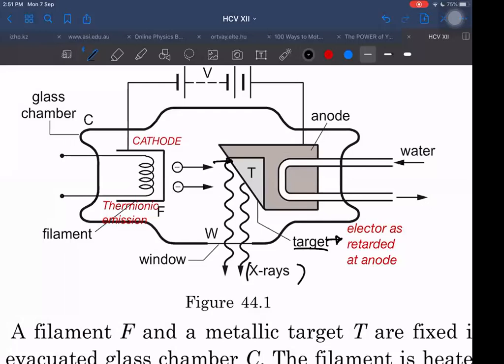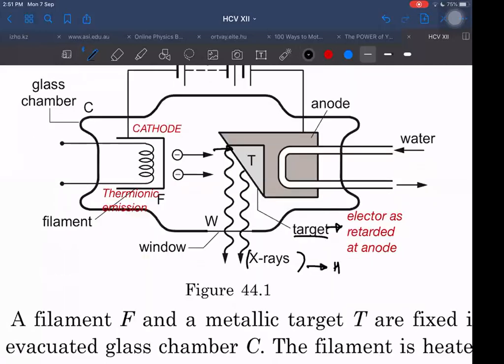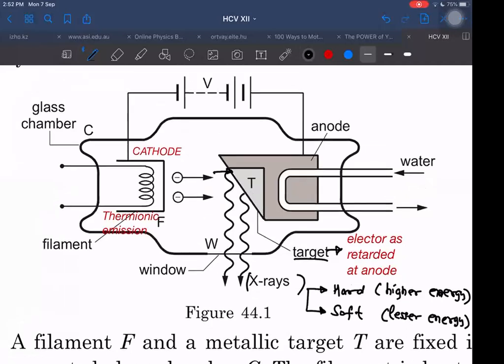There are two kinds of X-rays, hard and soft. Hard means higher energy, and soft means a little lesser energy. Energy will be more when the accelerating potential is more.